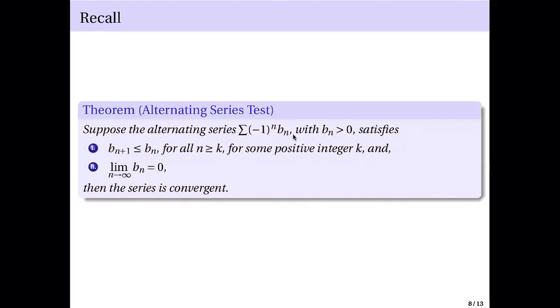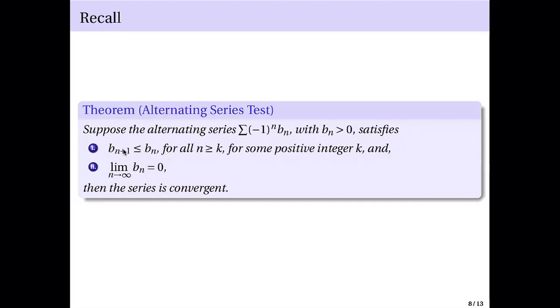So, suppose we have this alternating series, and this alternating series satisfies the following. Bn plus 1 less than or equal to Bn for all n greater than or equal to k for some positive integer k. Ang sinasabi lang nito is that your Bn is ultimately decreasing.